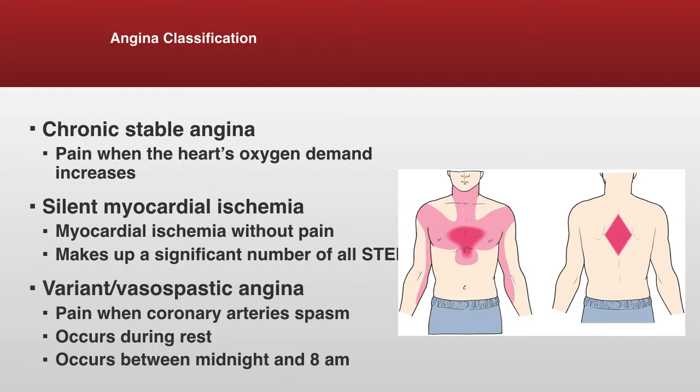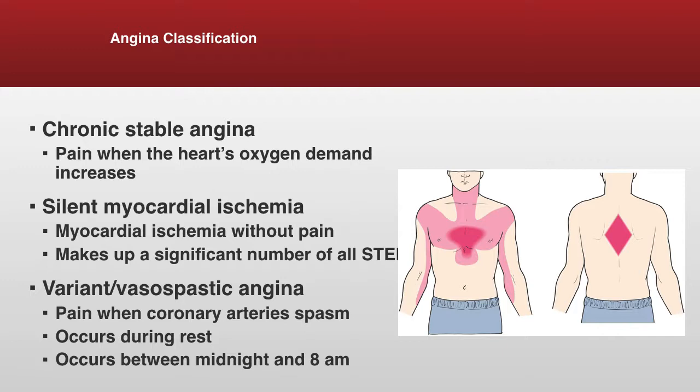the coronary arteries spasm. So if you think about it, migraines have spasming vessels up in the head. Raynaud's phenomena has spasms in the fingers. In this case, the coronary arteries themselves are spasming.